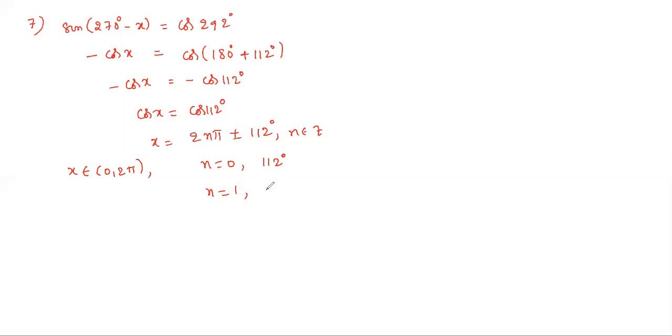So for n equals 1, 2 pi plus 112 is more, so take minus 112: 360 minus 112 is 248 degrees. So these two values belong to 0 to 2 pi. The remaining values are beyond this interval.